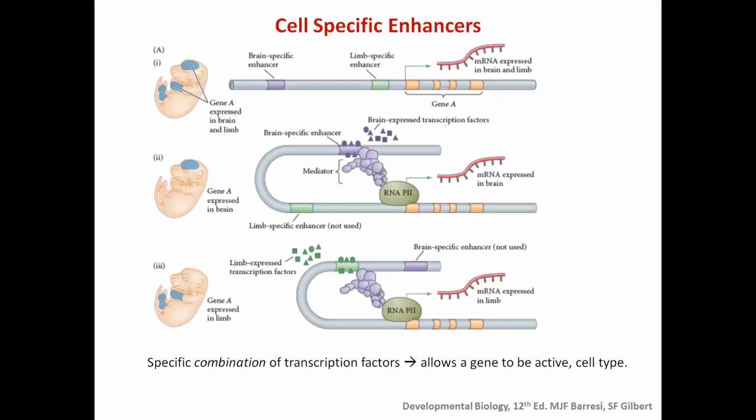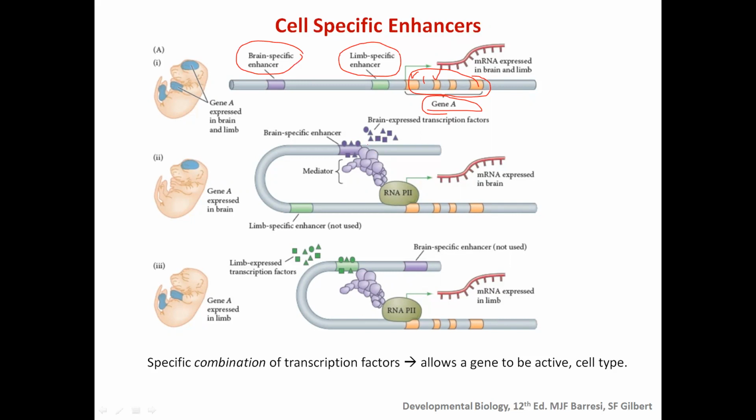This is an example. Here we can see this is the gene A. These are the exons and the introns, so this is the part of the gene. It has two enhancers. One is specific to the limb, another is specific to the brain.